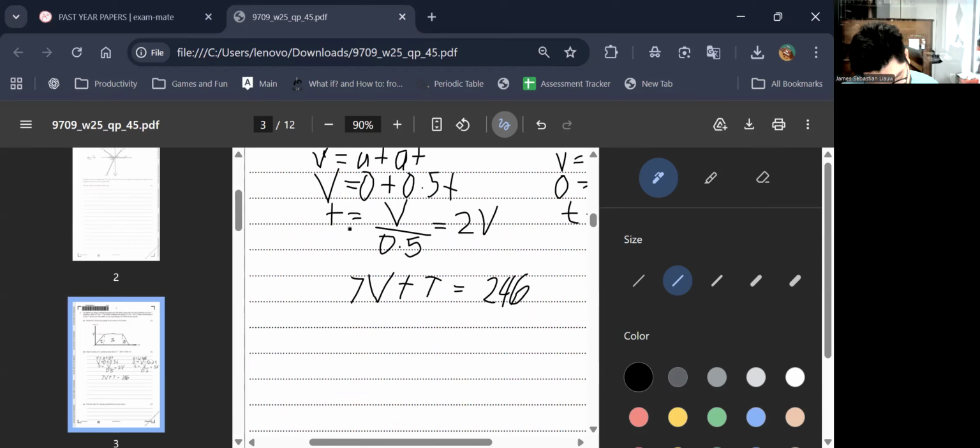Right. And so T in terms of V is 246 minus 7V. Hence, show that 7V squared minus 492V plus 2700 is 0.